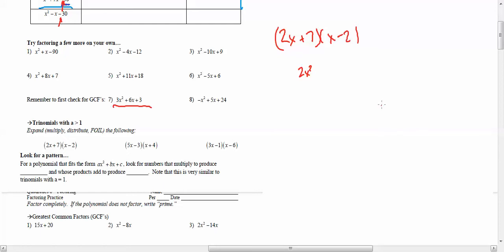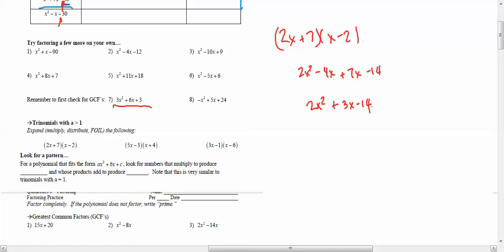Not too complicated, right? Outers times outers is negative 4x. Inners times inners is positive 7x, and the last times the last is negative 14. Cool? So that would be 2x squared plus 3x minus 14.